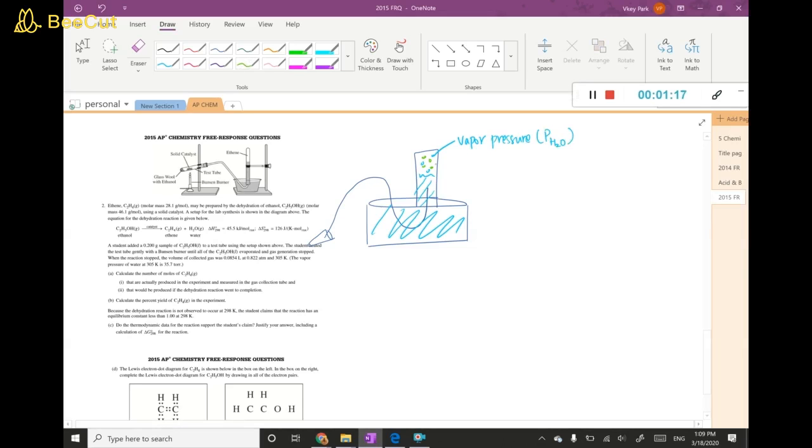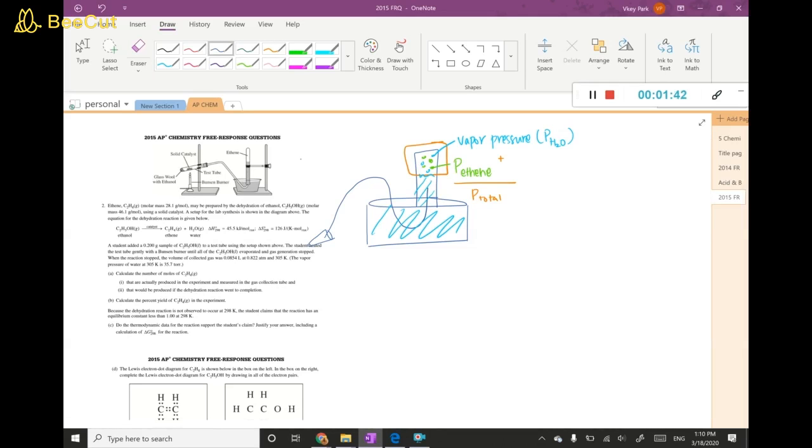And then the other one, these green gases, this is the partial pressure of ethene, okay? And collectively, if you add them together, that's going to give you total pressure. Okay, so that's the main concept of these types of questions. And now that you understand this, we can continue and we can start answering the questions.